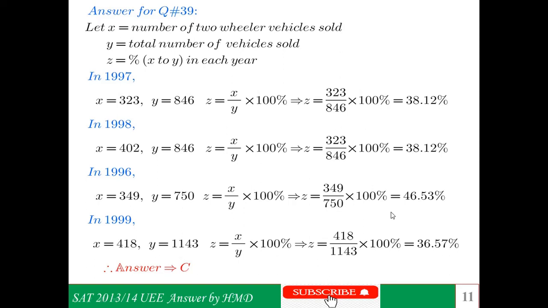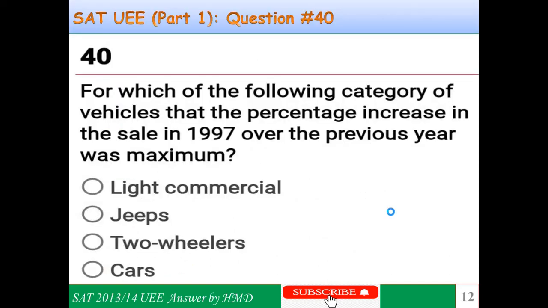So let's continue to the last question for today's video, which is question number 40. For which one of the following category of vehicles was the percentage increase in the sale in 1997 over the previous year maximum? Have you understood the question?